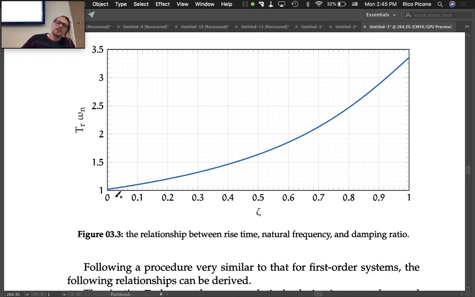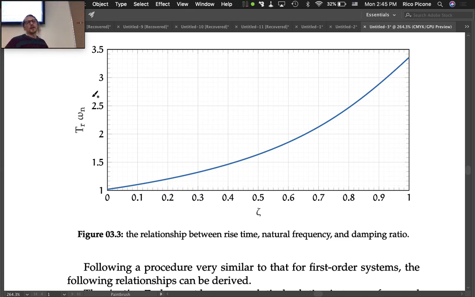So zeta between 0 and 1, we have this relationship between zeta and the rise time times the natural frequency. So if you've got the natural frequency and the damping ratio, you can find the rise time from this. If you've got the rise time and the damping ratio, you can find the natural frequency. If you've got two of them, you can find the third.